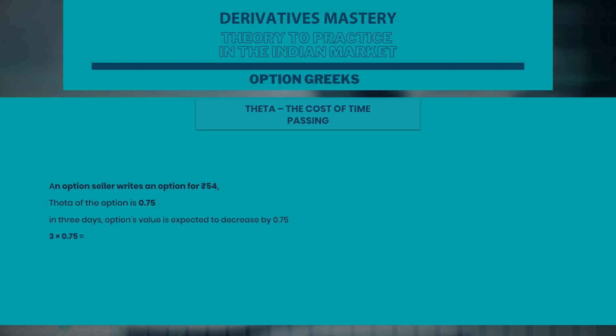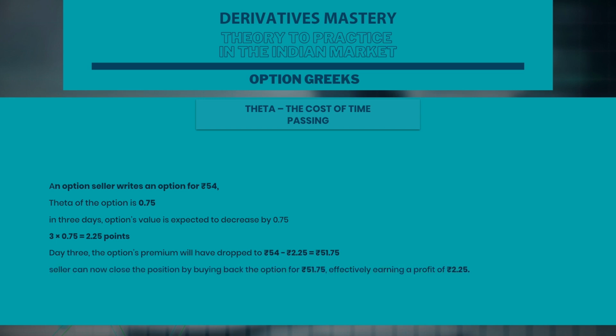Over 3 days, this reduction would amount to 3 into 0.75, which is 2.25 points. So by day 3, the option's premium will have dropped to 54 minus 2.25, that is 51.75. The seller can now close the position by buying back the option for 51.75, effectively earning a profit of rupees 2.25.